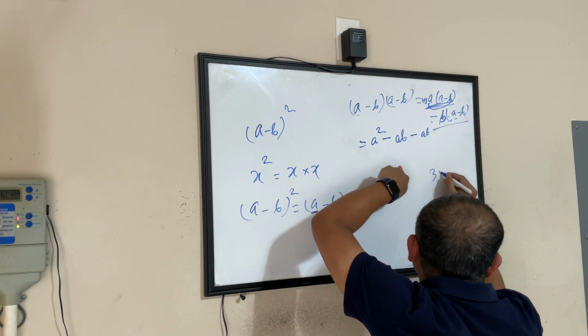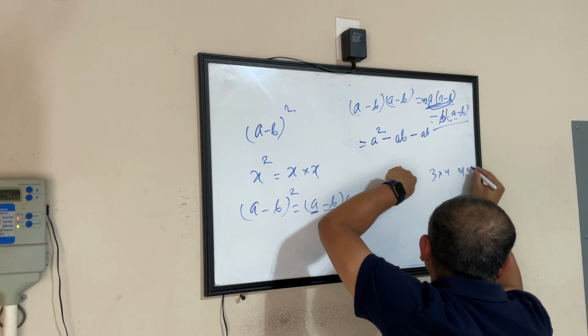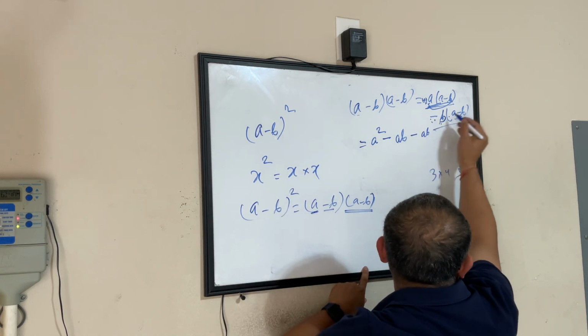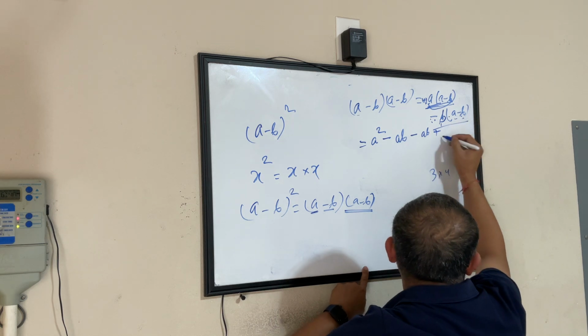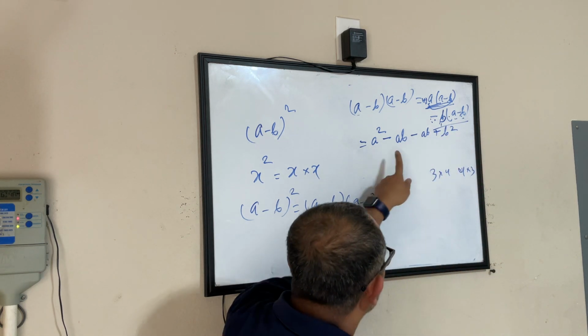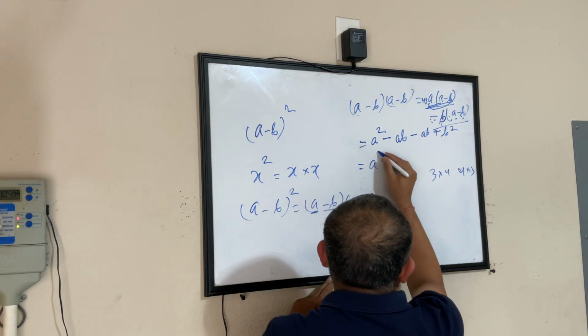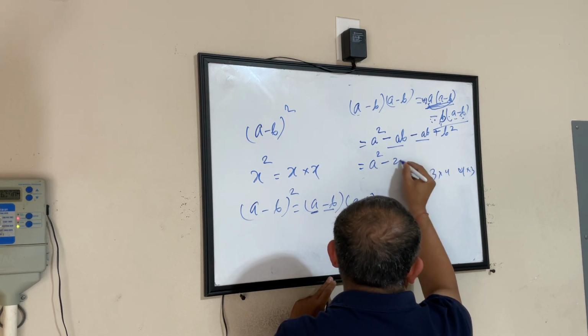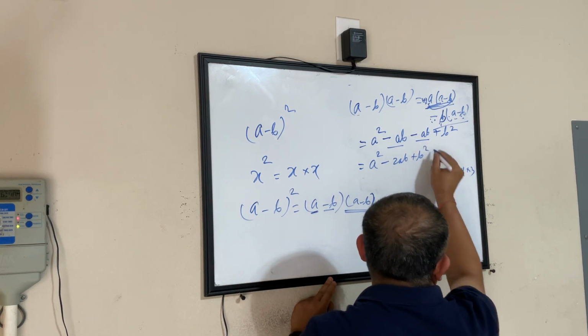Same thing. 3 into 4 or 4 into 3, both are same. Then minus b into minus b: minus into minus becomes plus. B into b becomes b square. What did you get? A square, one ab, another ab, both negative. So minus 2ab plus b square.